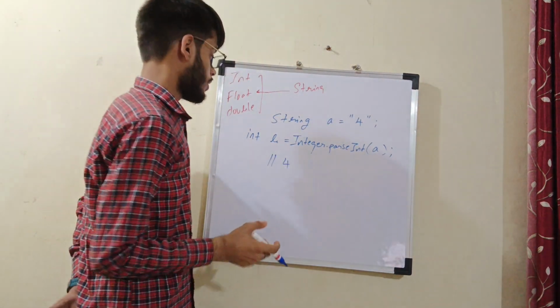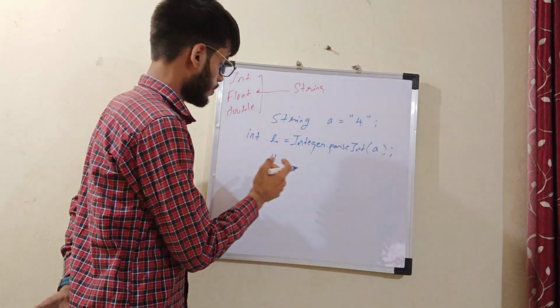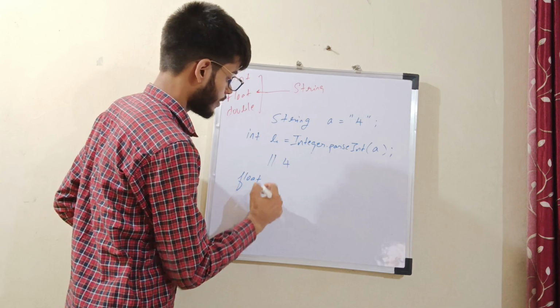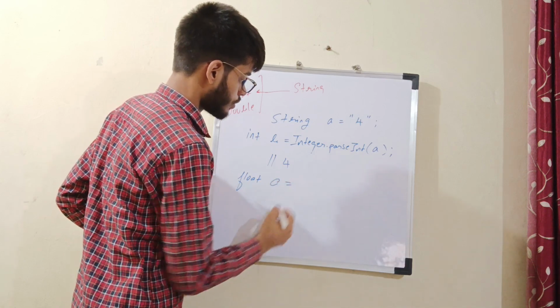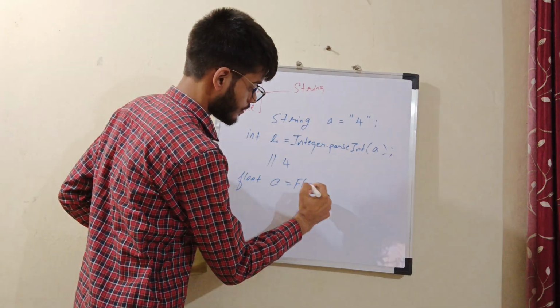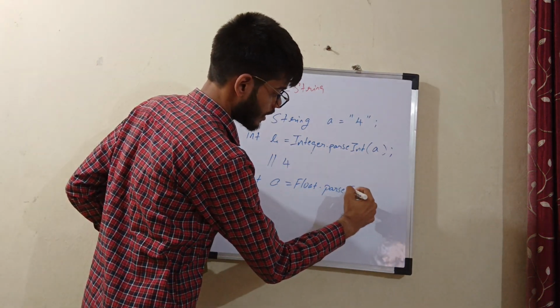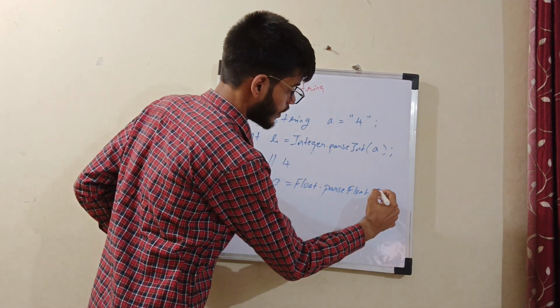Cool. So again same goes for the float. If you want to convert this to floating value, you will say float c is equals to Float dot parseFloat, F capital, again Float, and you will pass the variable a over here.